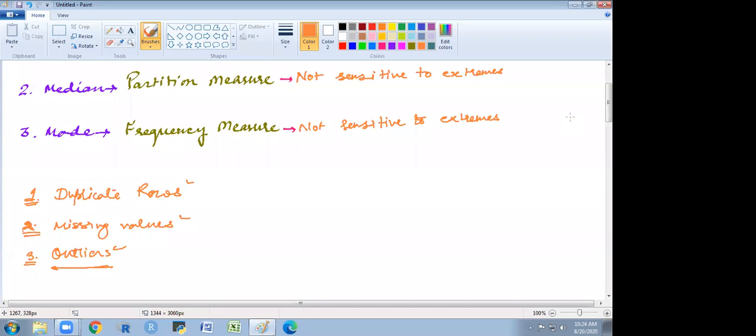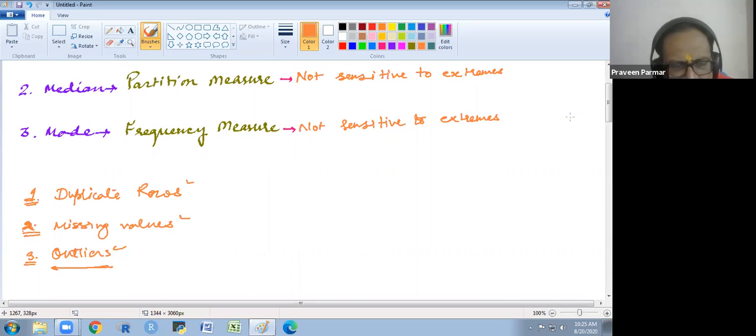Like in the numbers, if we are having 1 to 10, but then we have a number like minus 100 or plus 1000, really extreme on both sides, then I would say that both minus 100 and 1000 are outliers. In words, we could say the numbers which are very different from the remaining data points are called outliers.